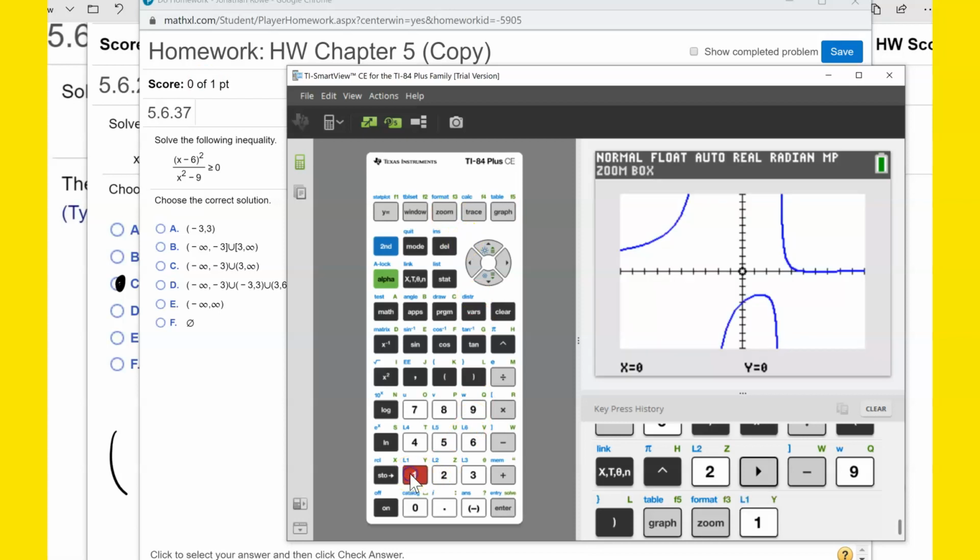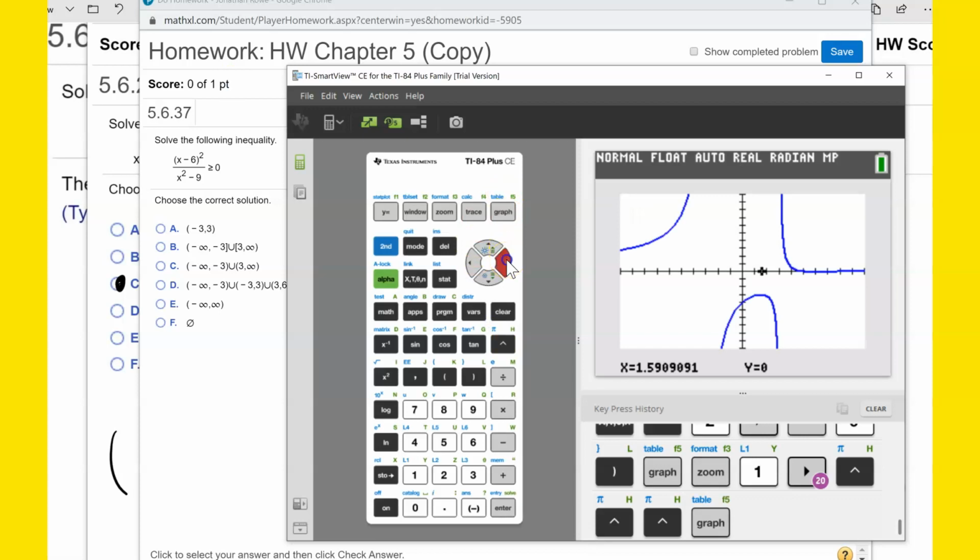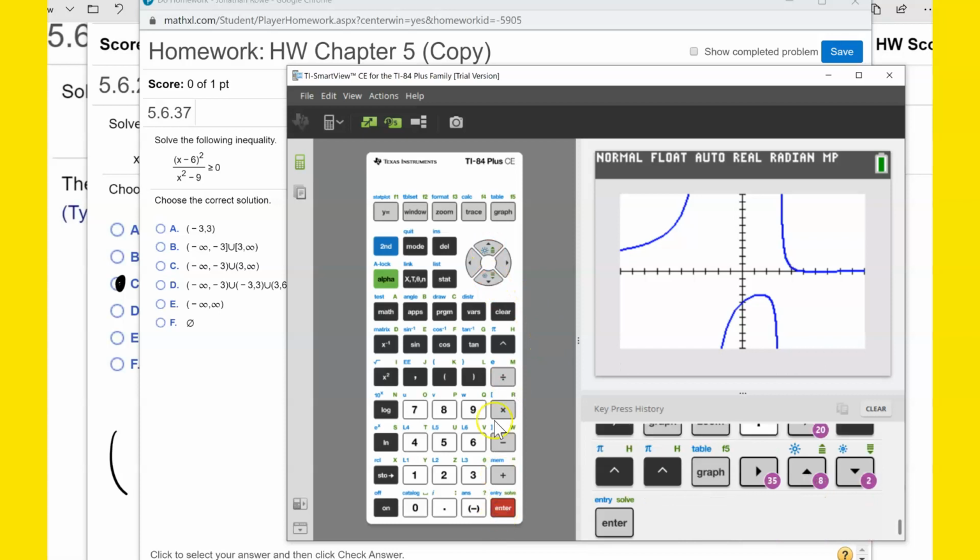That's option 1. I'm going to draw a box around the part that I want it to zoom in on. Whatever box I draw, that's going to be the new screen that it's going to do. Let's see. Second.